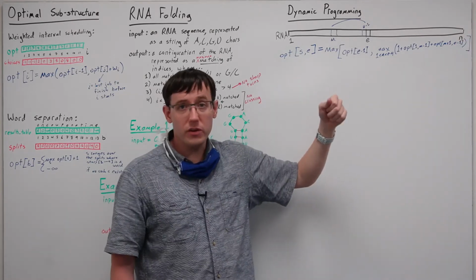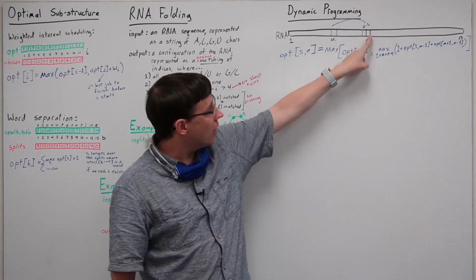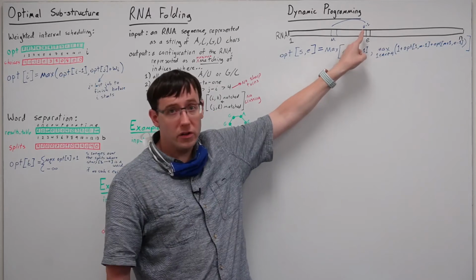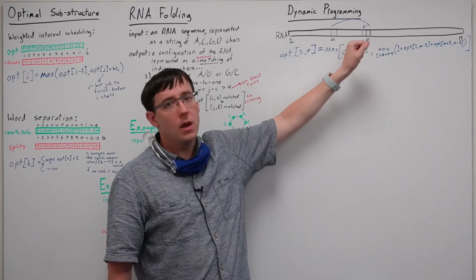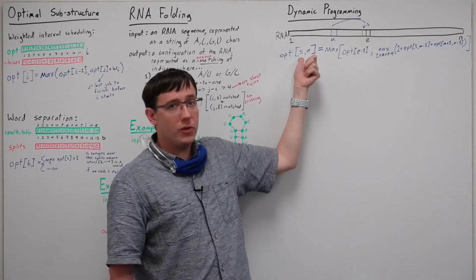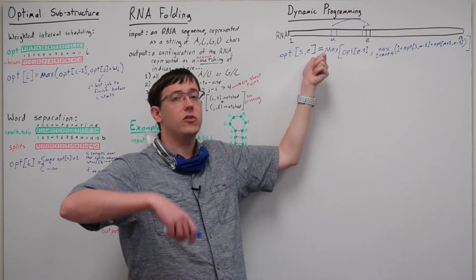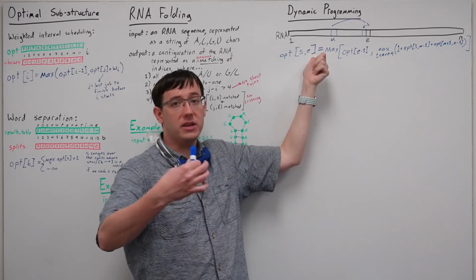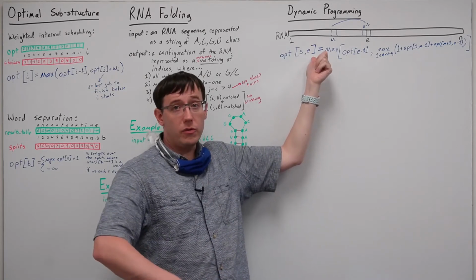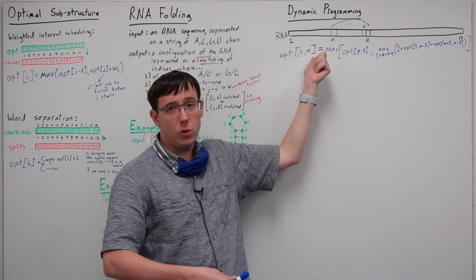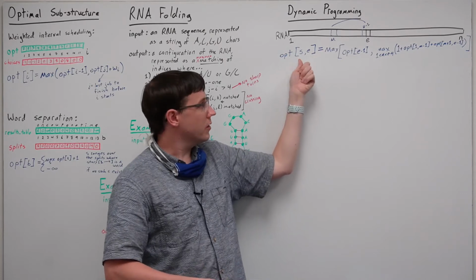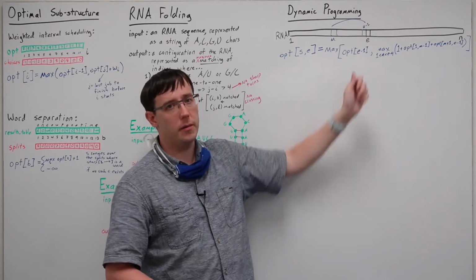And we'll also need to change our indexing of the one smaller problem, where if we're talking about the optimal value from start to end, in the case where we don't pair element e, that optimal value would just be equal to the optimal from start up to e-1.